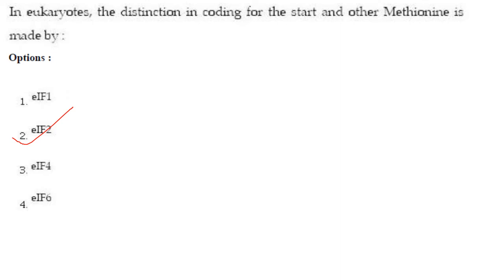Next one. In eukaryotes, the initiation of coding from the start codon, methionine, is made by option 1 EIF1, option 2 EIF2, option 3 EIF4 and option 4 EIF6. Answer is option 2 EIF2.